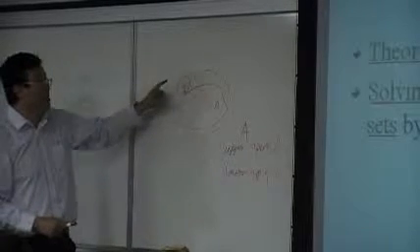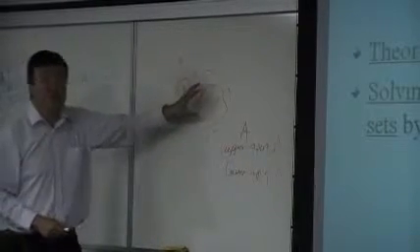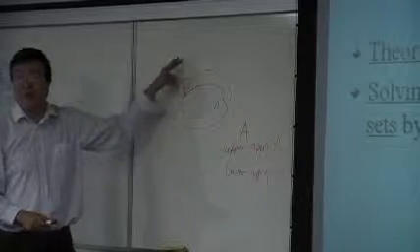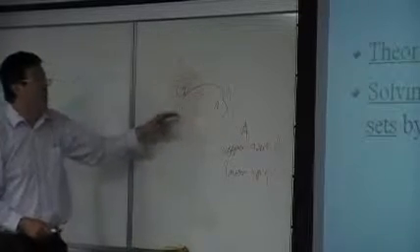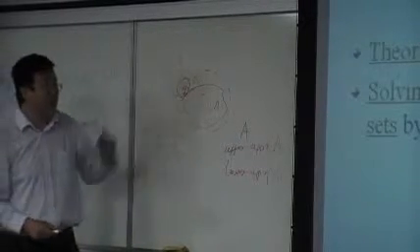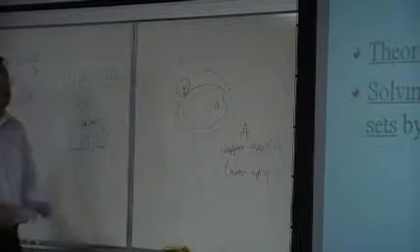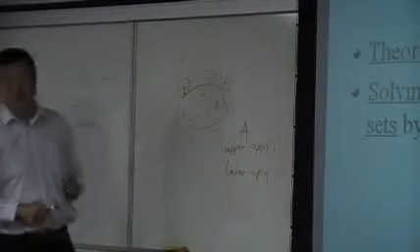One is where the element possibly belongs to set A, which we call the upper set. The other is where the element definitely belongs to set A, which we call the lower approximation set. This kind of idea is called the rough set.